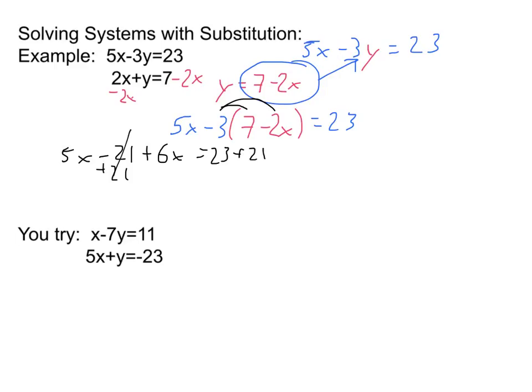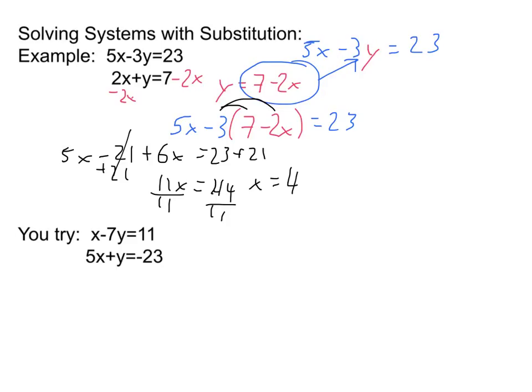So those cancel. I have 11 x's on the left equals 44 on the right. Divide both sides by 11, x equals 4.